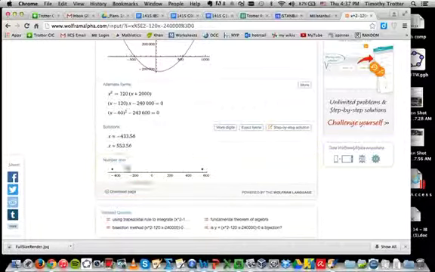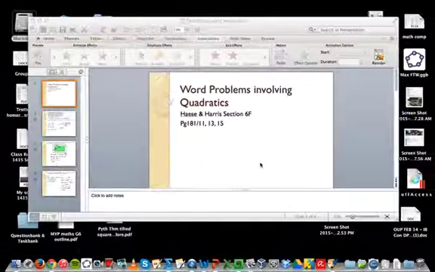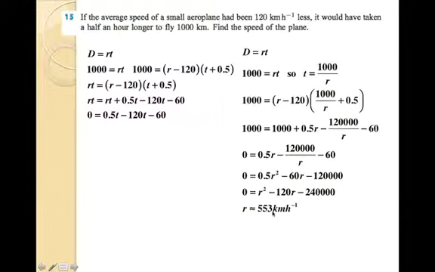Three significant figures just means 553, so my final answer is 553 kilometers per hour. Don't forget your units. Right? So that's the speed of the airplane, the original speed of the airplane. The first time it flew was 553 kilometers per hour.